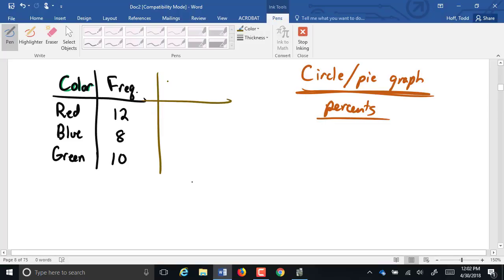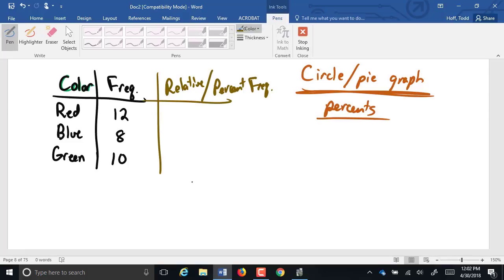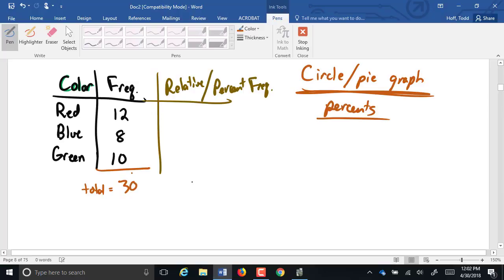That's something called a relative or percent frequency. So to do that, the first step would be to find the total. So I add those all up, I get a total of 30. So that 30 is what I'm going to use to calculate my percent.